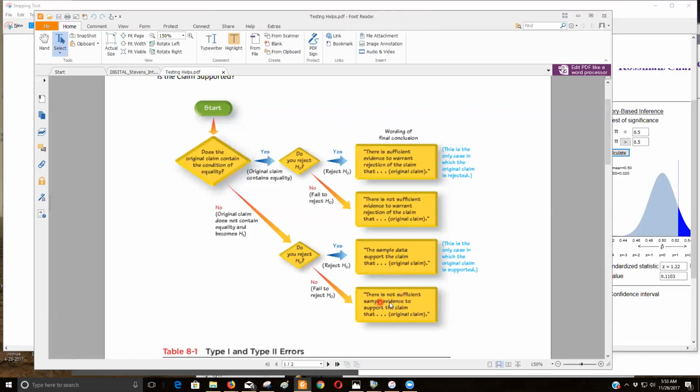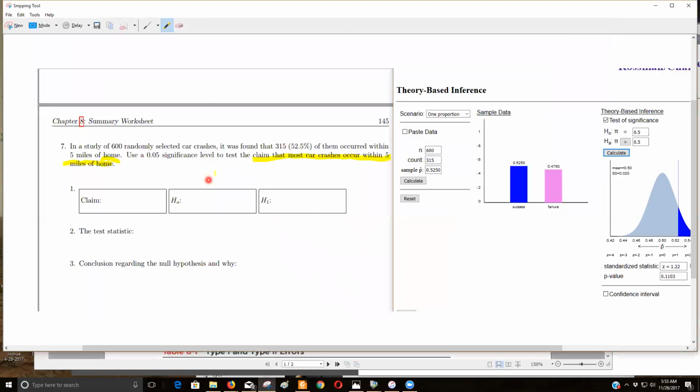I almost like this terminology better because the data we collected doesn't support it. I don't know if collecting more data will change that result. A sample of 600 is a pretty big sample. So it doesn't matter which you use. The big idea is we're not rejecting H0 here. We fail to reject H0, and the reason is that the significance level is smaller than our p-value.